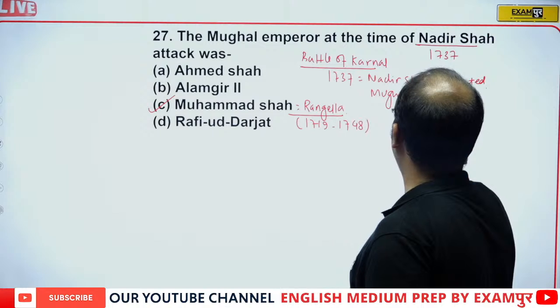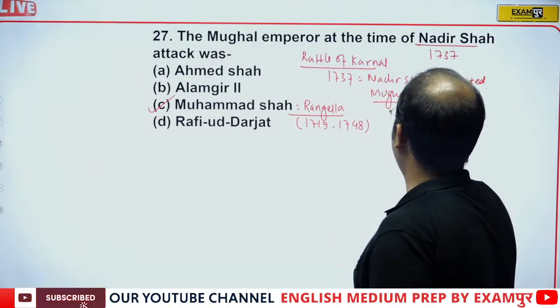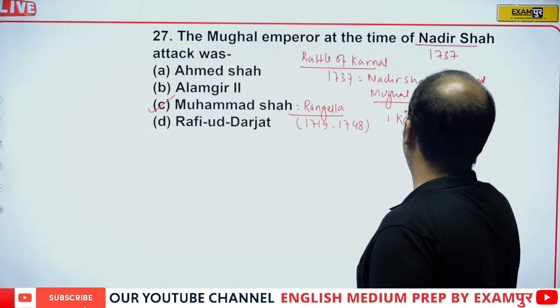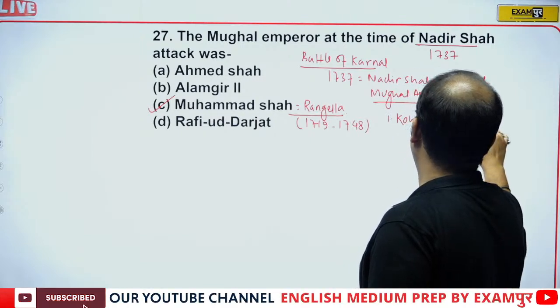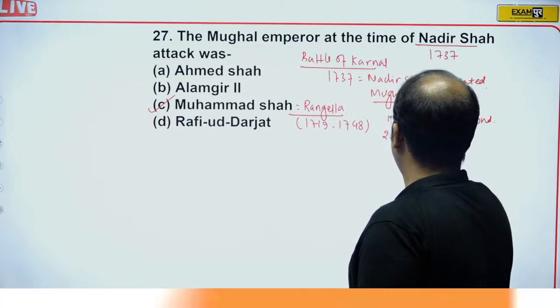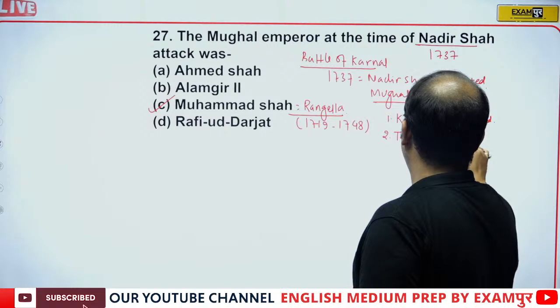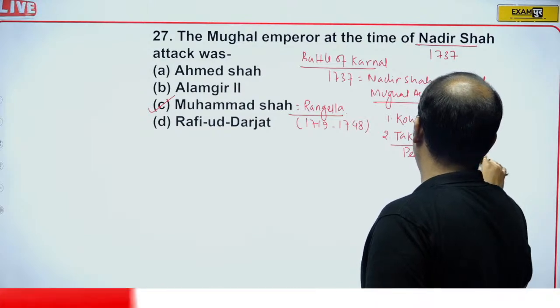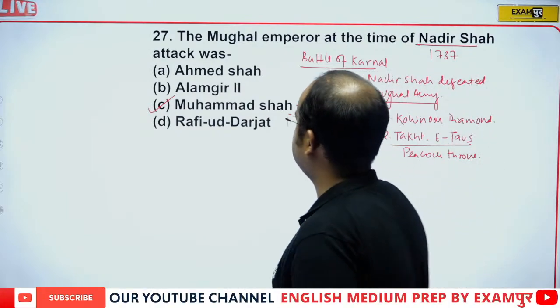And finally, Muhammad Shah Rangila was defeated and Nadir Shah took away the Kohinoor diamond and Takht-e-Taus. That was called the Peacock Throne. That was constructed by Shah Jahan.